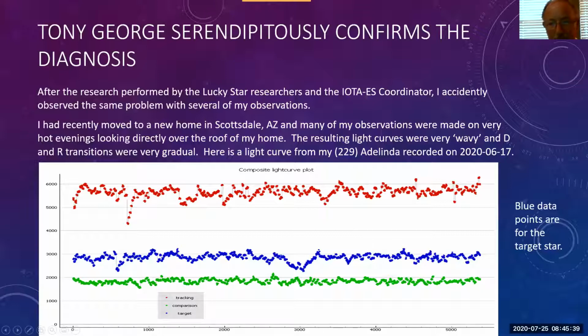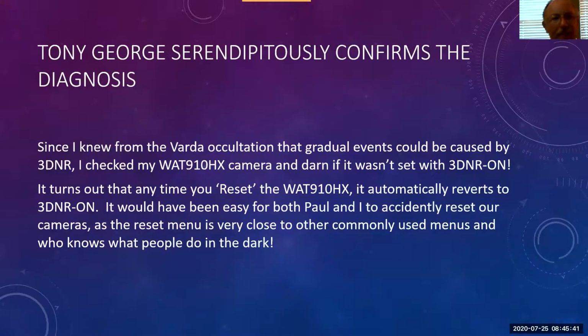Well, I've now found out that since I knew the Varuna occultation could cause gradual events if your 3DNR was turned on, I checked my Watec 910HX camera, and darn if it wasn't set with 3DNR on. And I didn't do it.